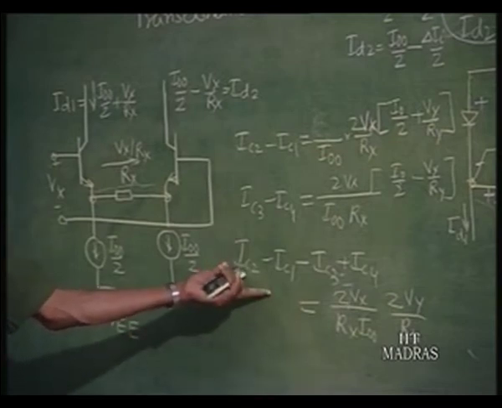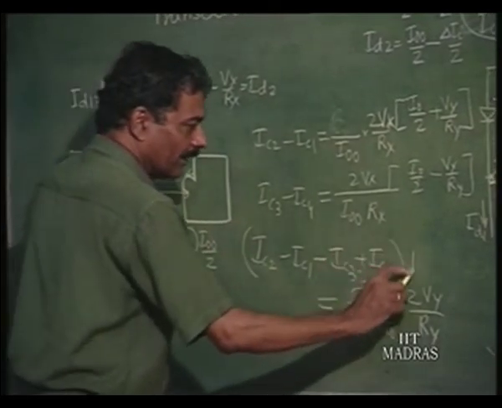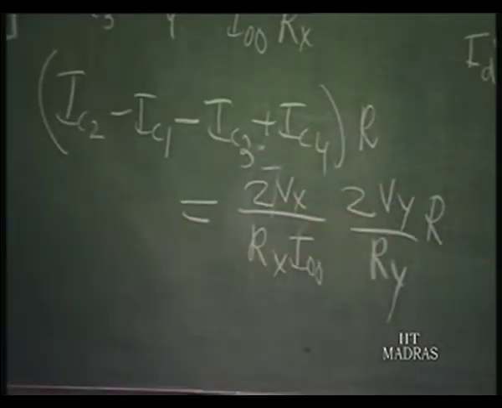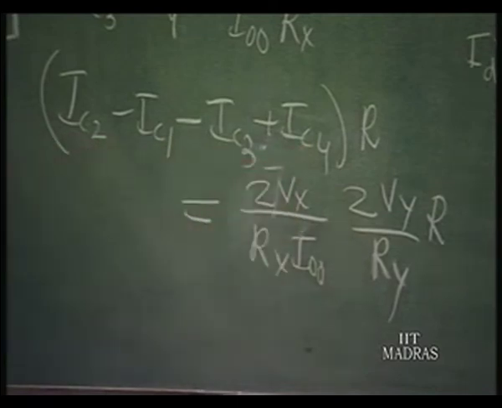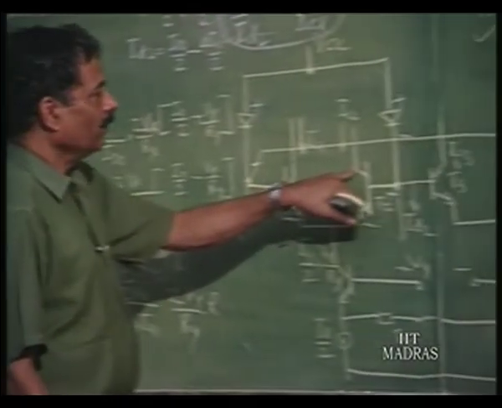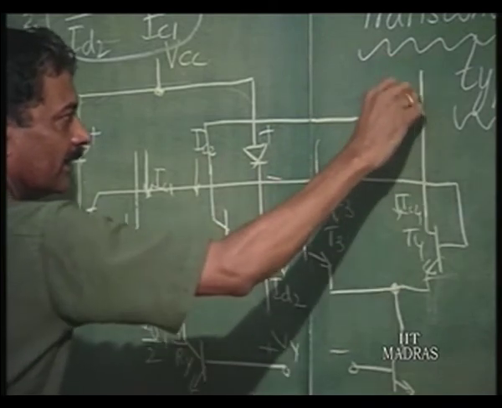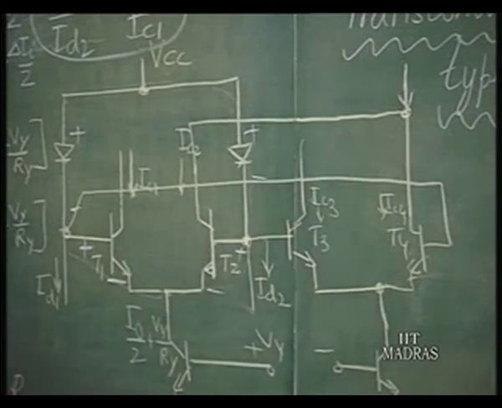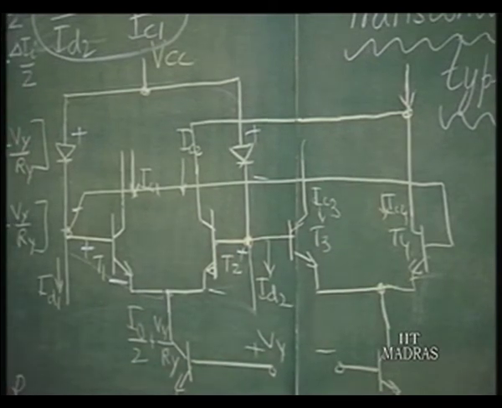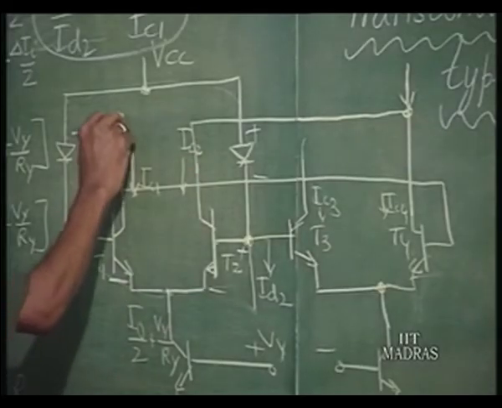This can be converted into a voltage by multiplying this whole thing by a resistance R. So, how do I do that? IC2 plus IC4 simply can be done by connecting those two together. This is the IC2 plus IC4 node. Then IC1 plus IC3, that is going to be these two currents.